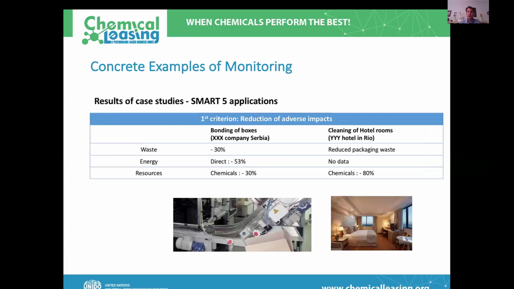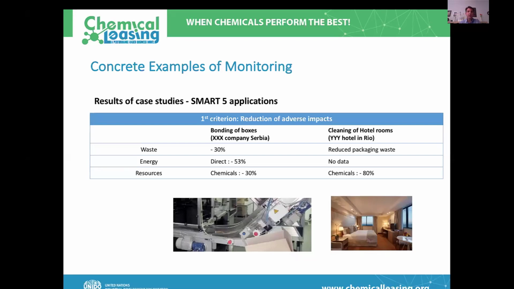Here are concrete examples of monitoring. The first criterion, as you heard in the sustainability criteria, for example, is reduction of adverse impacts. You heard Vojka speaking about bonding of boxes, and we also have an example of a hotel. If you're interested, you can go to the Chemical Leasing website and see what the achievements are there.